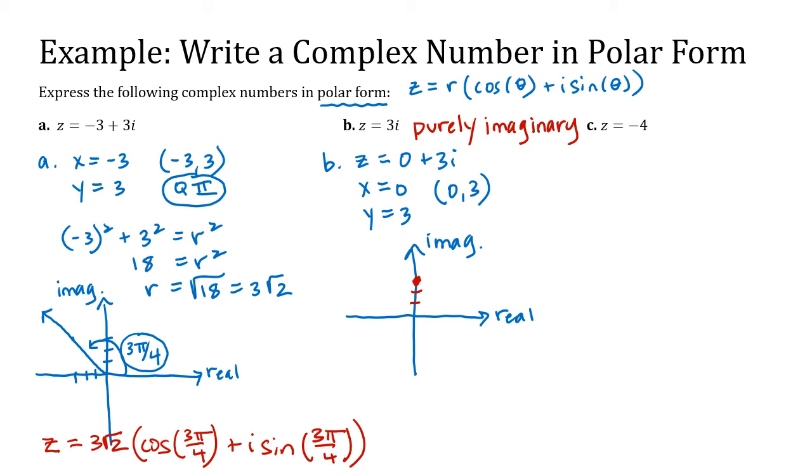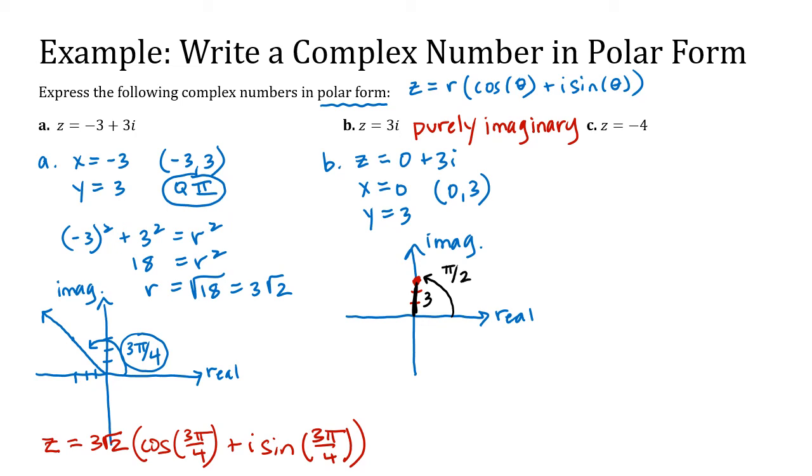Now, do I have to go through all of the arithmetic to determine what the r and the theta are? The answer is no. I can look at this and I can see, let me switch to black, that this radius is 3. And I can also see that the theta that gets me to that point is going to be pi over 2.